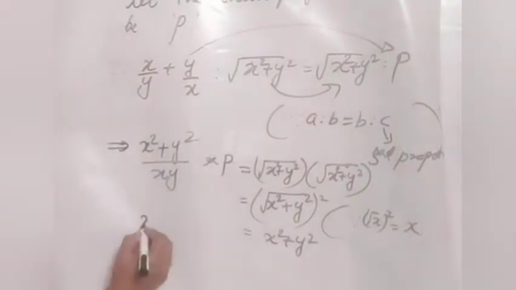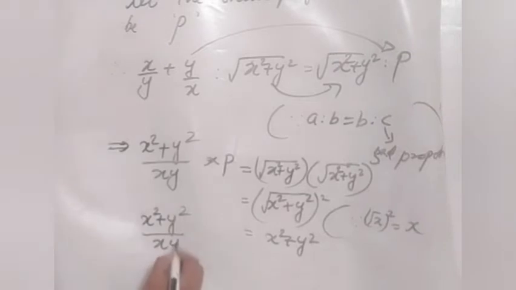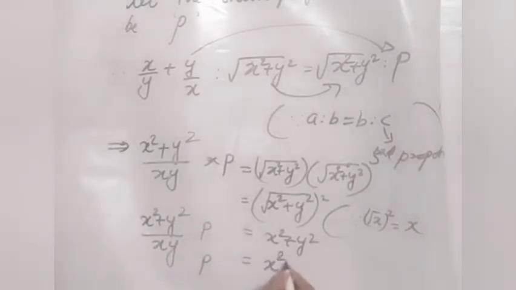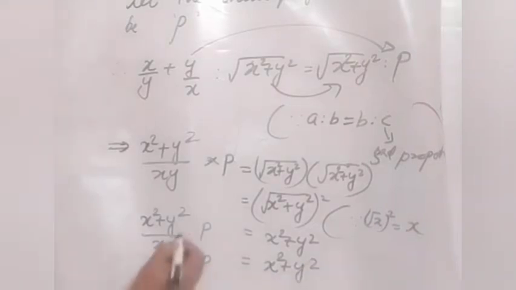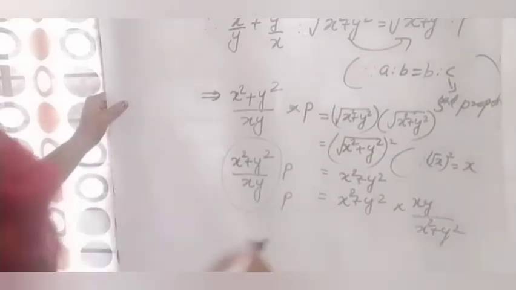Now let us find p. x square plus y square by xy into p gives x square plus y square. So p is x square plus y square divided by this fraction. To divide, we multiply by the reciprocal, that is xy by x square plus y square. You can see the group x square plus y square in numerator and denominator.